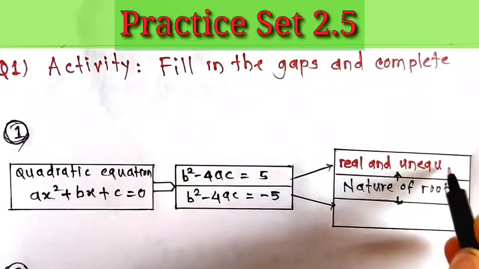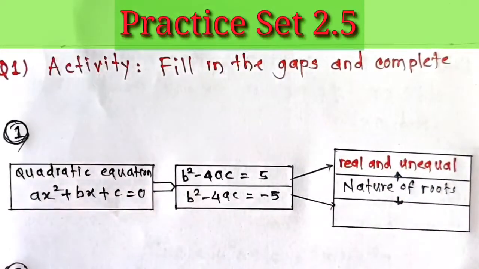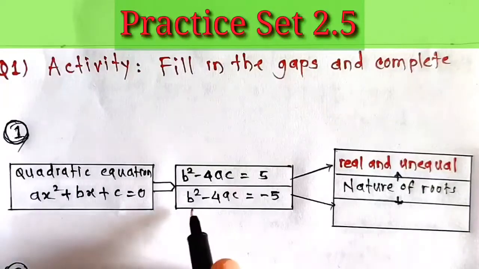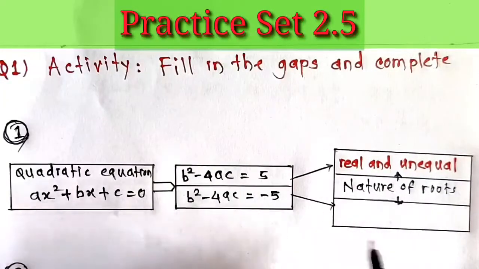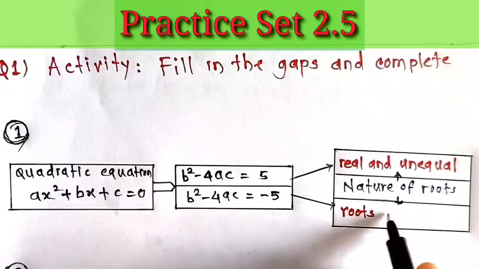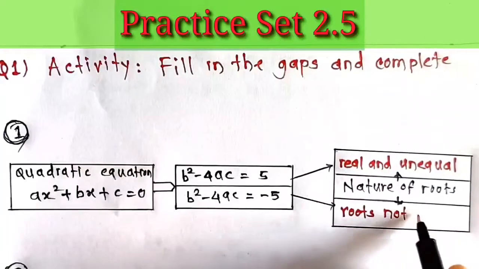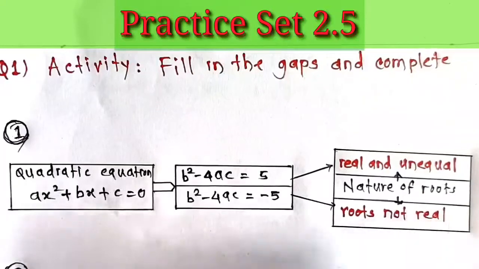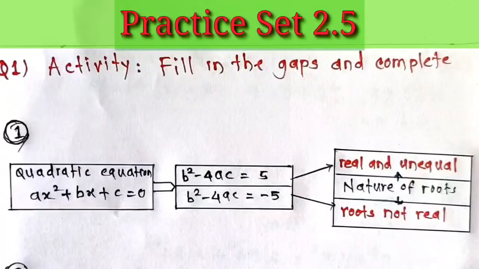Means we get two different roots, real and unequal. When the value is negative, then the roots are not real. Roots are not real numbers. And if it is 0, then real and equal. So in this way, we have to complete this activity number 1.